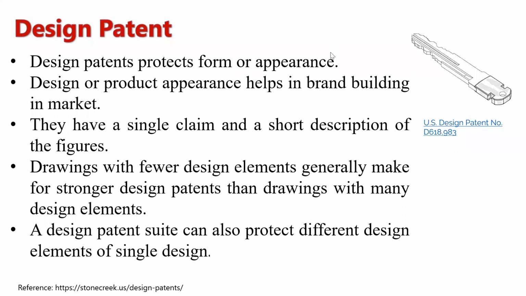If I'm trying to register, this part I cannot register because this is the functional part, but the head design or head portion we can register, so that no other person can copy it. Because of this design or product appearance, it will help in brand building in the market.